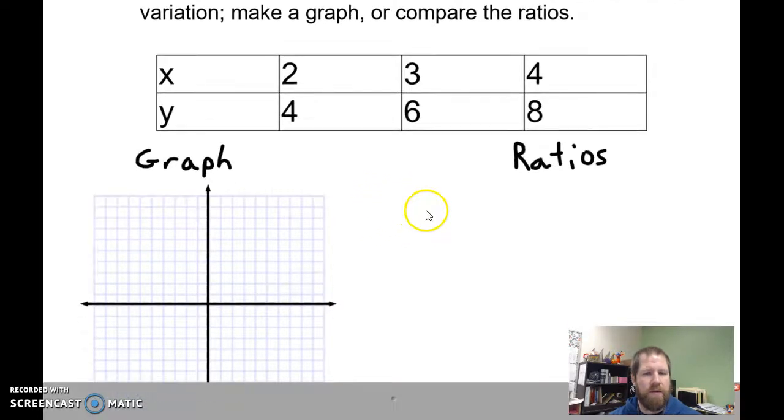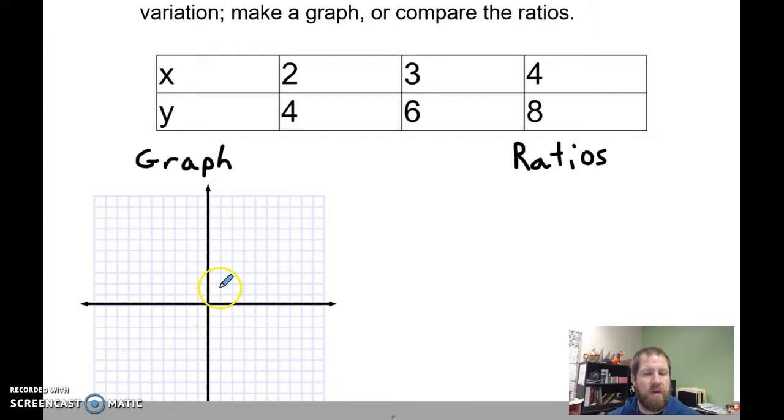Remember, we're looking for that line that goes through the origin that has that y-intercept of 0. That will be our direct variation equation. Our first method is graphing. So we come over at 2, up 4, and 3, 6, and 4, 8.